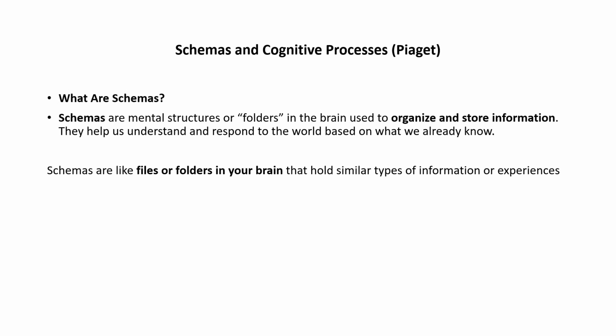Just like on your computer, if you want to store music, your documents and everything, sometimes you create a folder, and in this folder you put all this information. So a schema in our brain is like a folder where you put so much information. As soon as new information is encoded, this information is stored in the schemas, the folders in our brain. So that is a schema, just like a folder in our brain. So just take it that way.